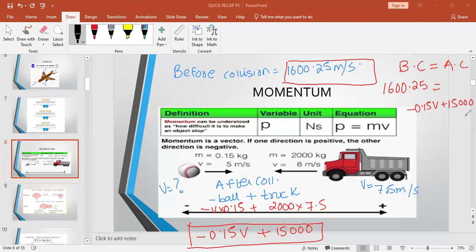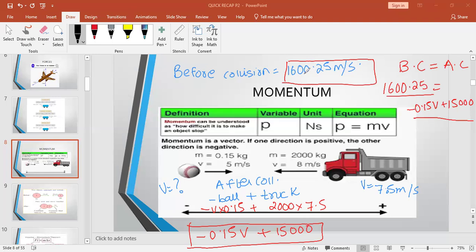I'm saying the V that's with the negative 0.15. You will get the value of V from this equation. Okay, wait, I'll get it right now.